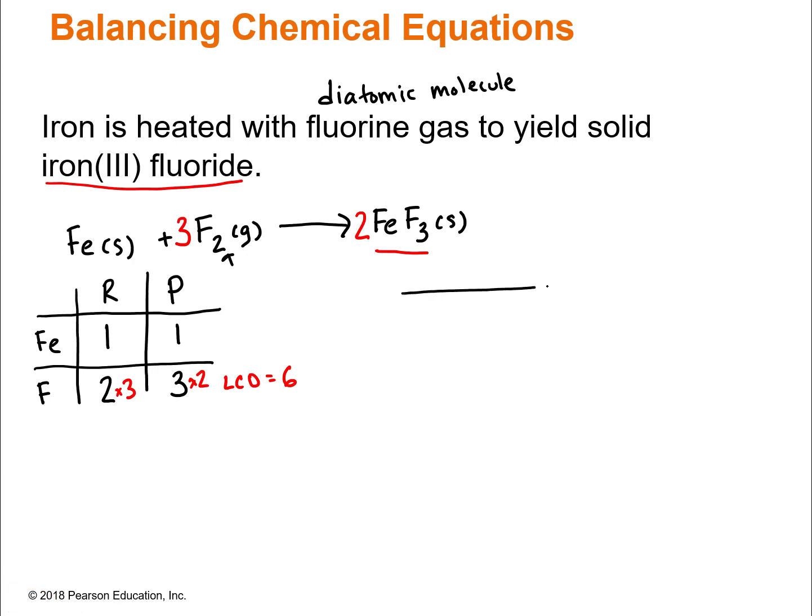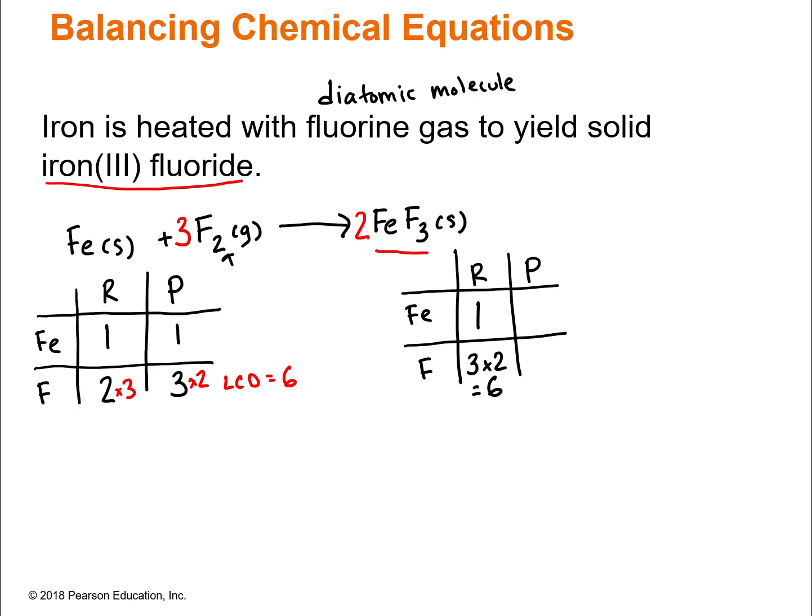Then I do another table to see where I'm at. Reactant side, I didn't touch the iron, so I've still got 1. With the fluorine, I've got 3 molecules of fluorine gas, and each one of them has 2 fluorine atoms, for a total of 6 atoms.